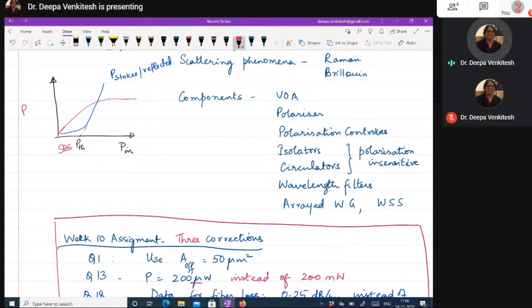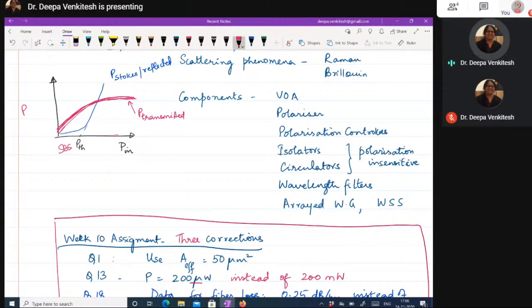So what is the influence? This red line shows the transmitted power. Beyond the Brillouin threshold, as you increase the input power, the transmitted power does not increase, it will actually saturate. So that is the influence of Brillouin scattering in the forward direction. Beyond the threshold, when you increase the input power, the transmitted power, instead of increasing, gets clamped because all the power gets reflected.